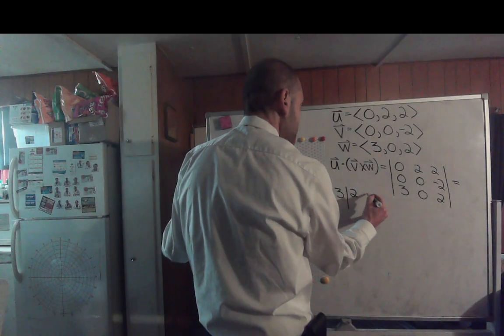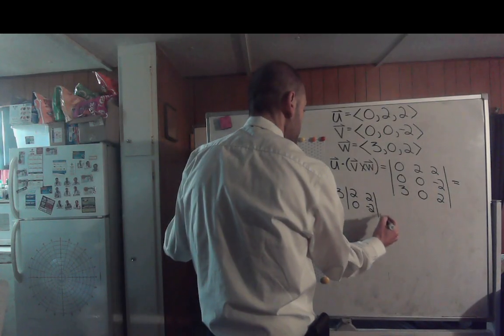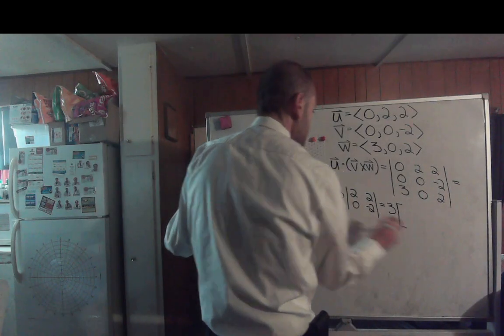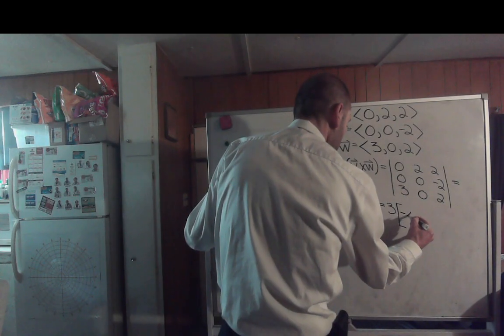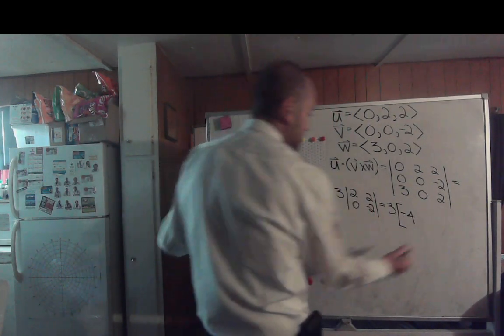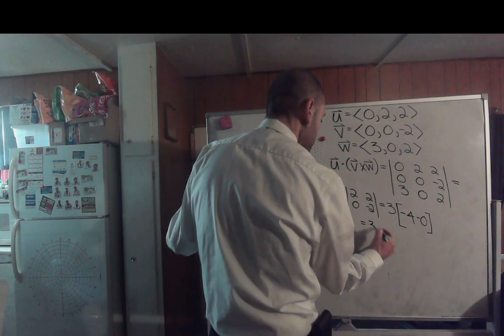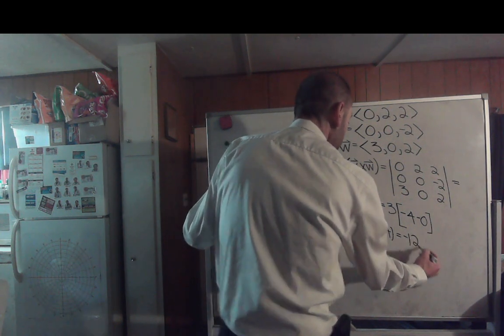So that'd be 2, 2, 0, negative 2. So this would be 3 times 2 times negative 2, well, that's going to be negative 4, minus 2 times 0, that's just minus 0. So this would turn into 3 times negative 4, or negative 12.